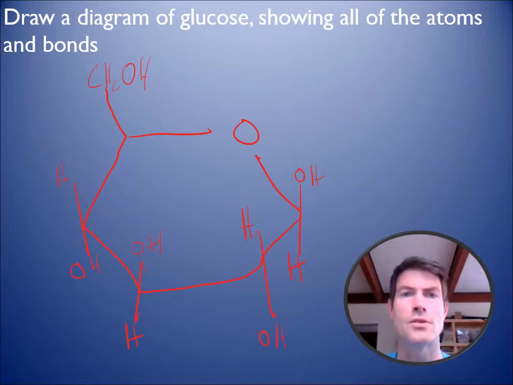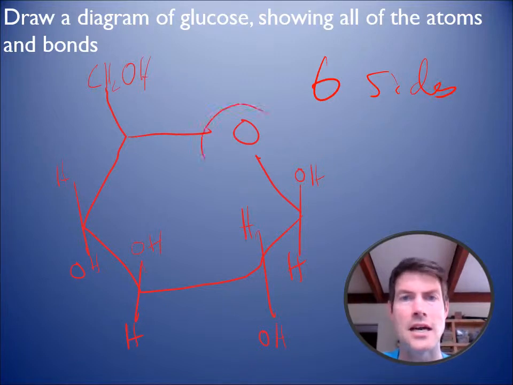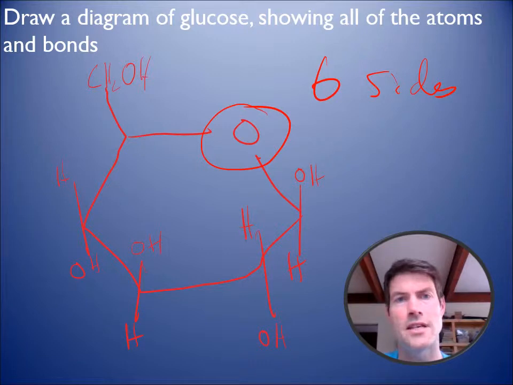So you can see me, I practice drawing this. I got my glucose showing all the atoms and bonds, and you'll see glucose is 6 sides. Inside the ring, you'll see this oxygen, and then connected off to the side, you'll see the CH group.